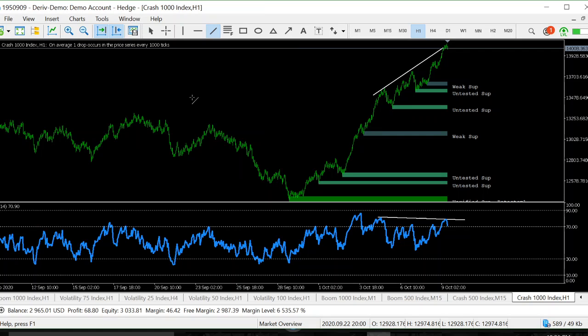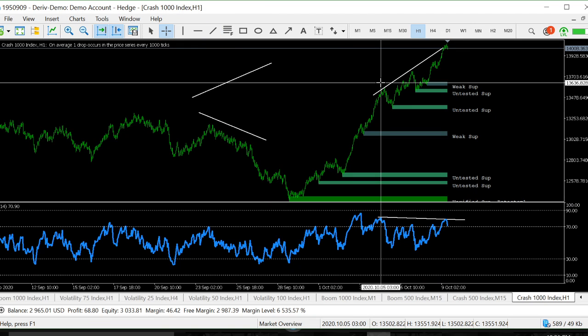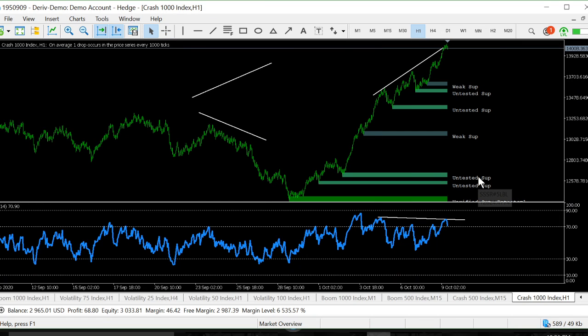You understand? This is the disagreement we're talking about, because on my chart I have a lower high, then a higher high, but on my indicator I have a higher high here, then a lower high. If you check, you can see that it is a disagreement, guys. This is more like a mistake, more like an error.